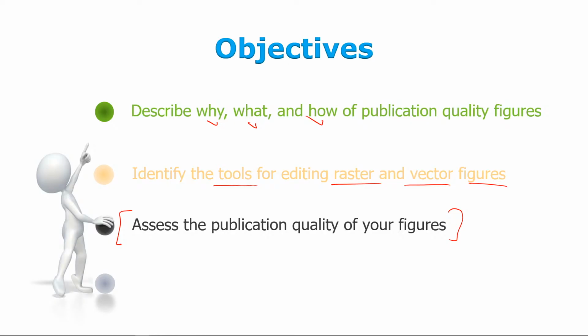In the research method course you might not have figures, but in other courses, like the project course or a thesis, you will have figures. So in order not to lose points, you need to assess: is this a publication quality figure, and if it's not, how could I fix it? To fix it, you can go back to this video. If you watch this video, you would know, and that will make things easy for you.